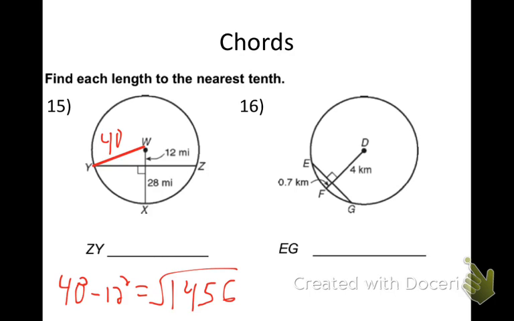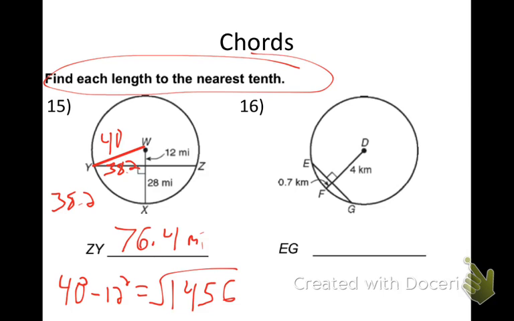Then you end up with about 38 point what? I said go to the nearest tenth, so 38.2. But that gives me only this length right here. So what do I have to do to find the whole segment? Double it, and I get 76.4 miles. It says round to the nearest tenth.